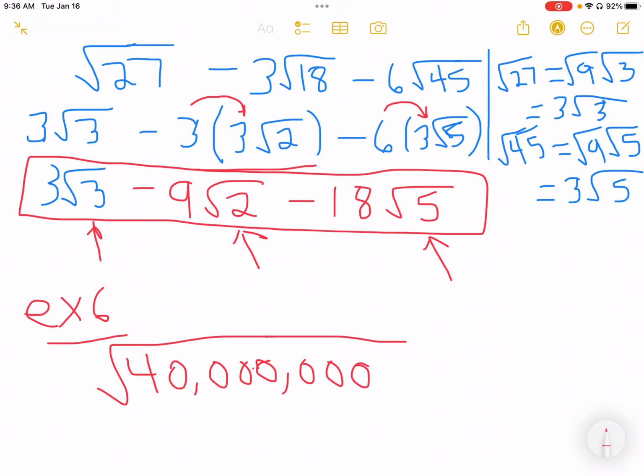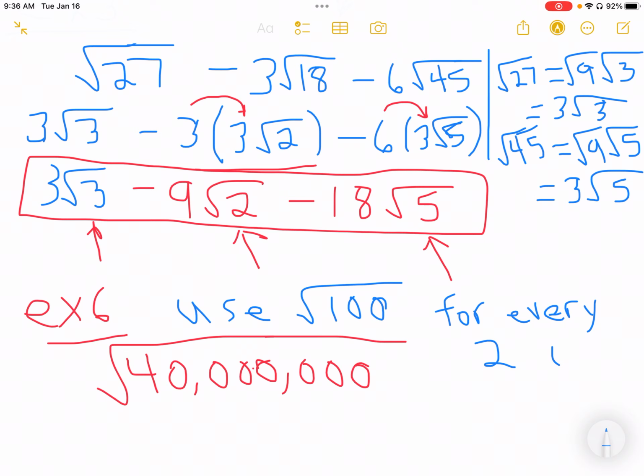And then I just say use square root of 100, right? Use square root of 100 for every 2 zeros, right? Man, I don't know how to write zeros, okay?